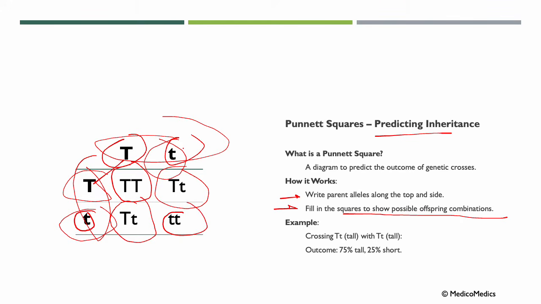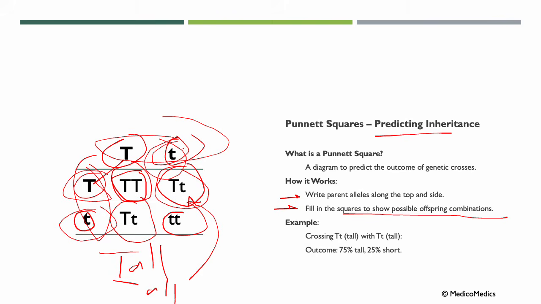So what's the genotype here? You can have TT, which is homozygous dominant. So it's going to be a tall plant. You have dominant T with recessive t. And here you will also have a tall plant, but it will carry the recessive gene. But the expressed one is tall.